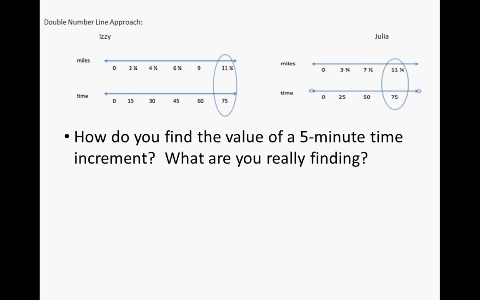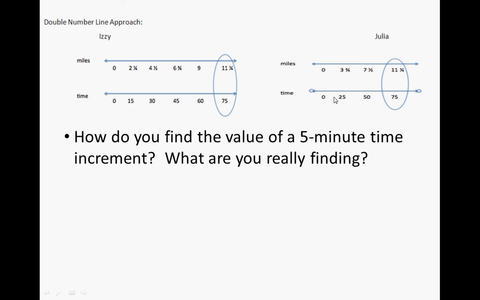You could also do a double number line approach. How do you find the value of 5-minute time increments, and what are you really finding? So in this case for Izzy, if we count by 15 minutes, we would be at 11 1/4.